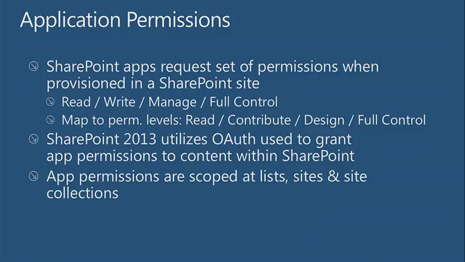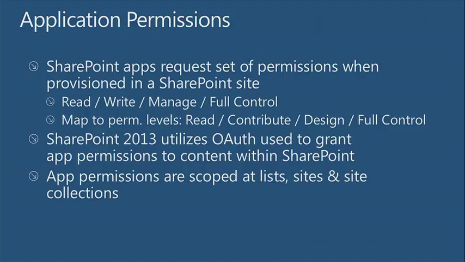And to recap on those application permissions, the permissions that you configure inside Visual Studio roughly map to those inside SharePoint. So read is obvious, but write, for instance, maps to contribute and so on. When you specify those, the end user gets a window that pops up and says, this application you're about to install is requesting read and write access to this list inside your site.